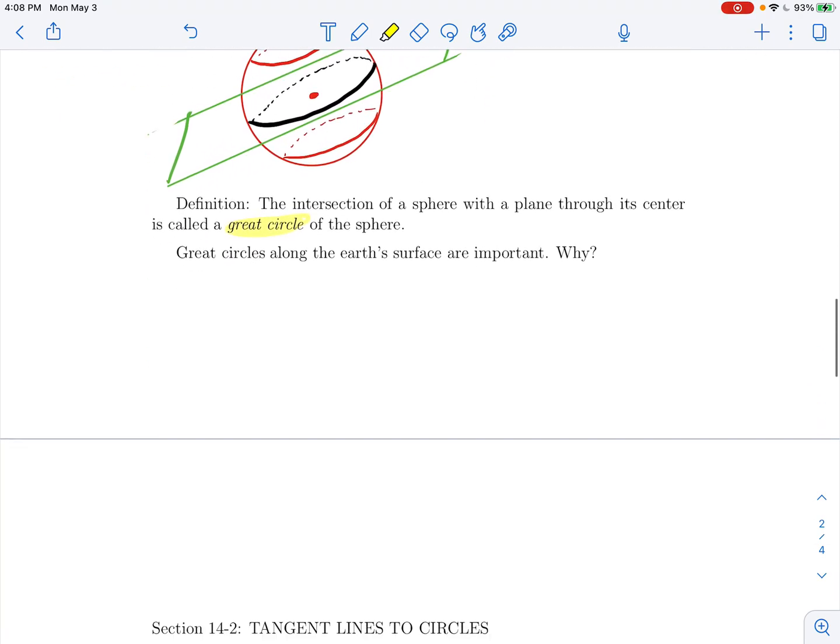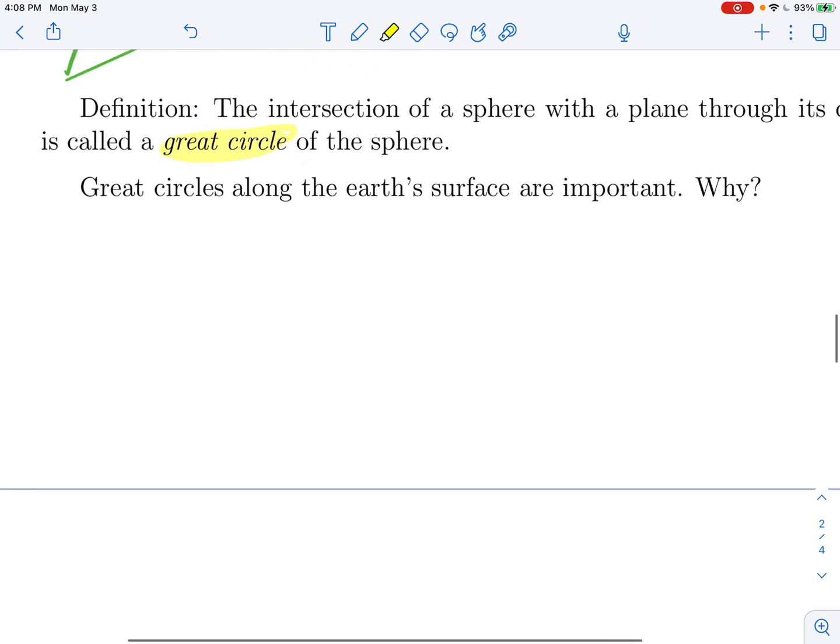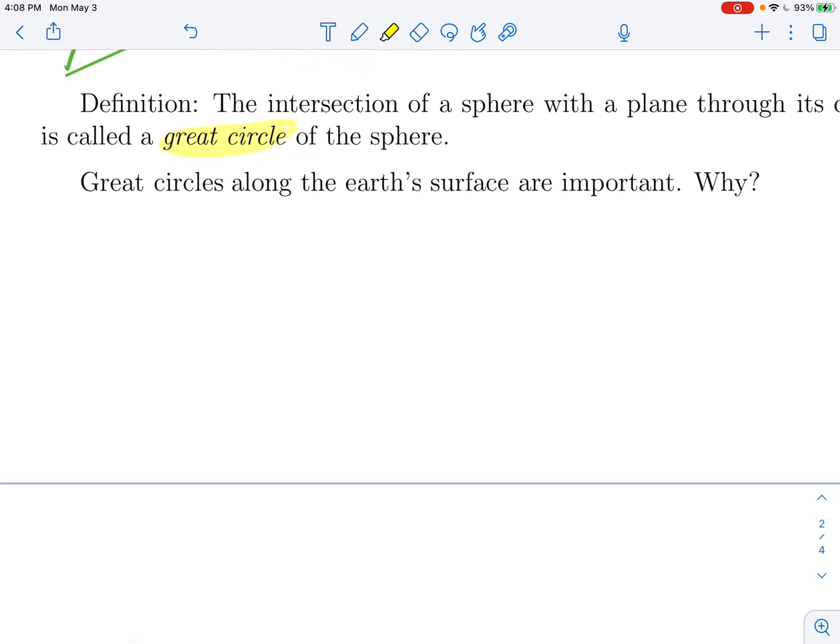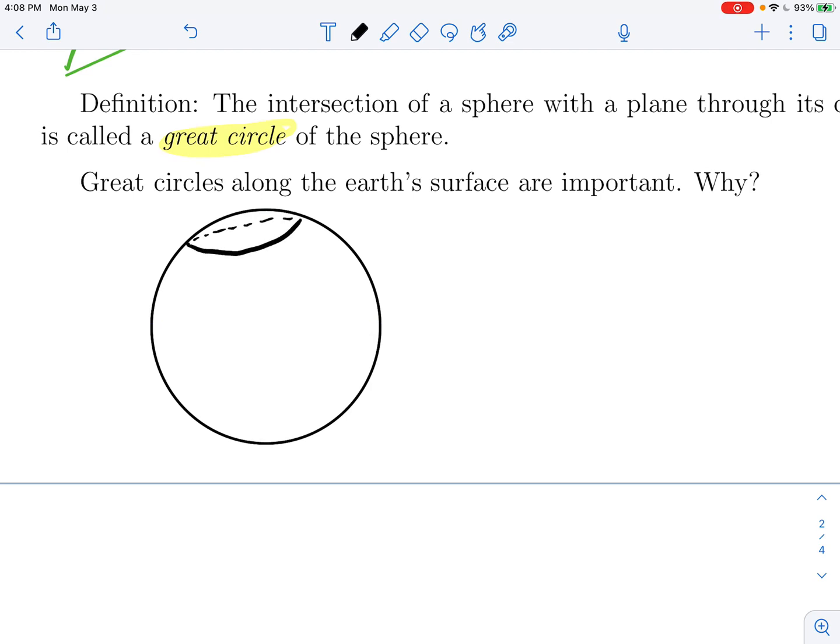And in terms of Earth, great circles along the Earth's surface are actually quite important because those tell us the shortest path for traveling between 2 points on the surface of the Earth. So again, we'll kind of imagine the globe here. I'll draw just a little bit to kind of give us some sense of 3D.